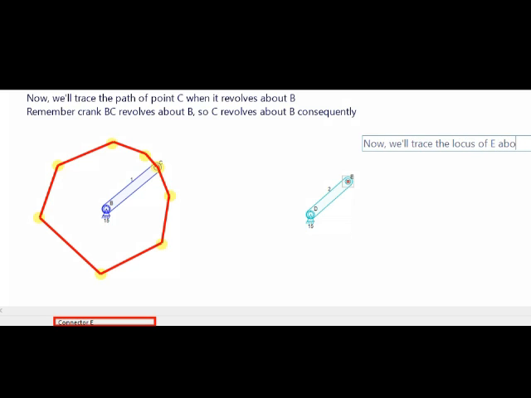Now taking crank ED, revolving about point D, we are going to trace the locus of E about point D. But instead of the irregular spaced intervals, we're going to see it with closer and regular intervals.